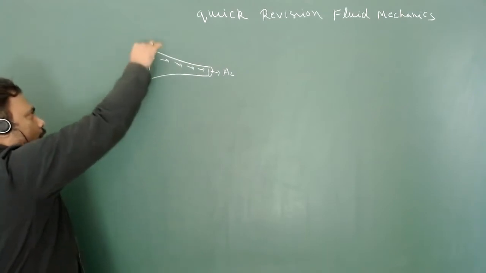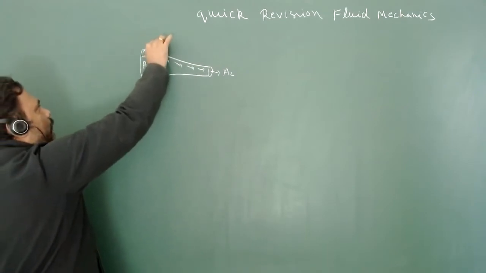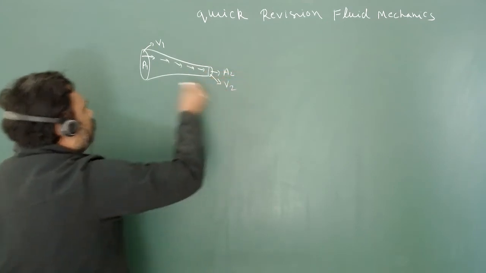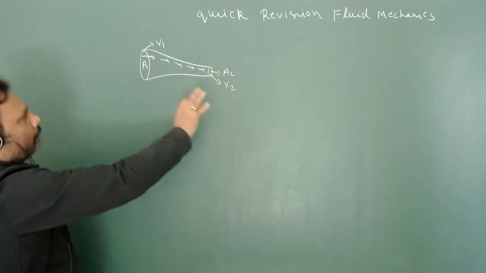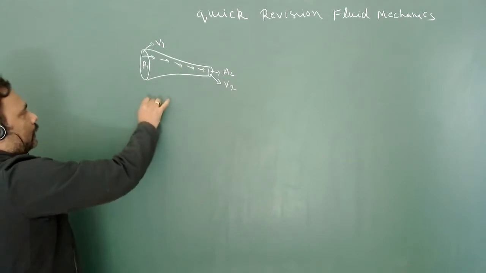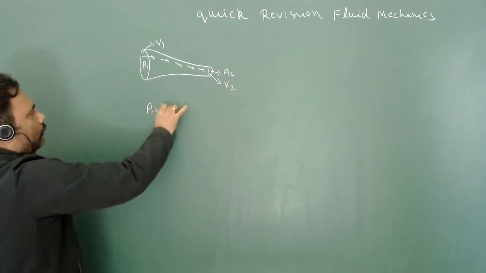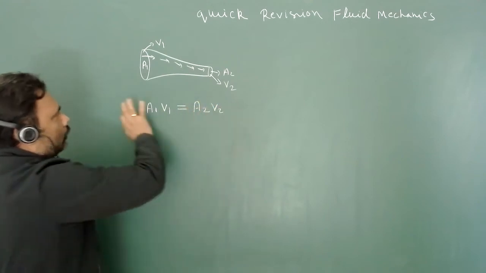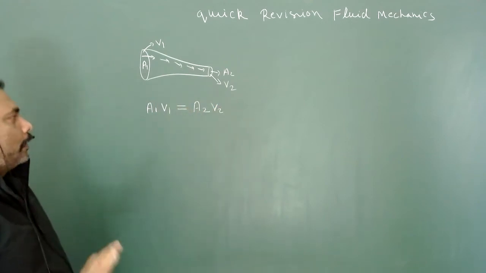The velocity of the fluid at this point is, let's say, V1, and the velocity at this point is V2. From the continuity equation, A1 V1 is equal to A2 V2. This is a very important equation.